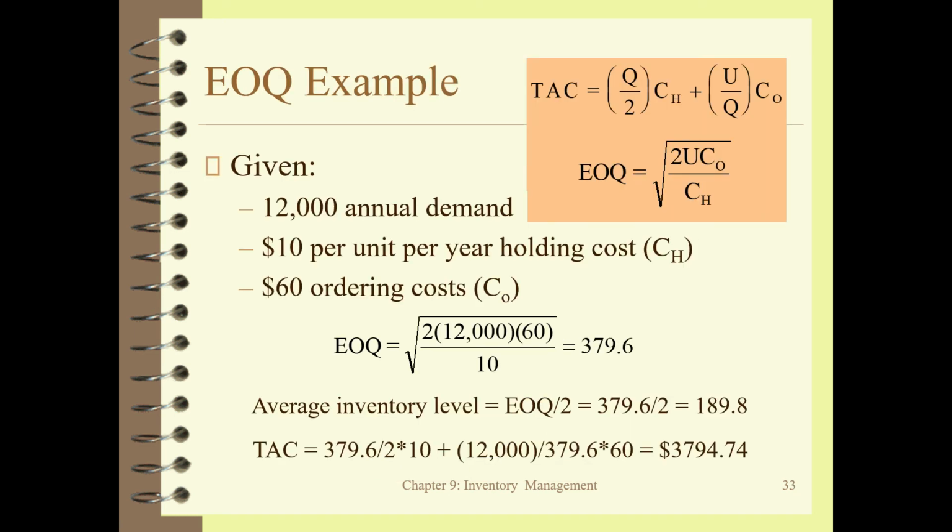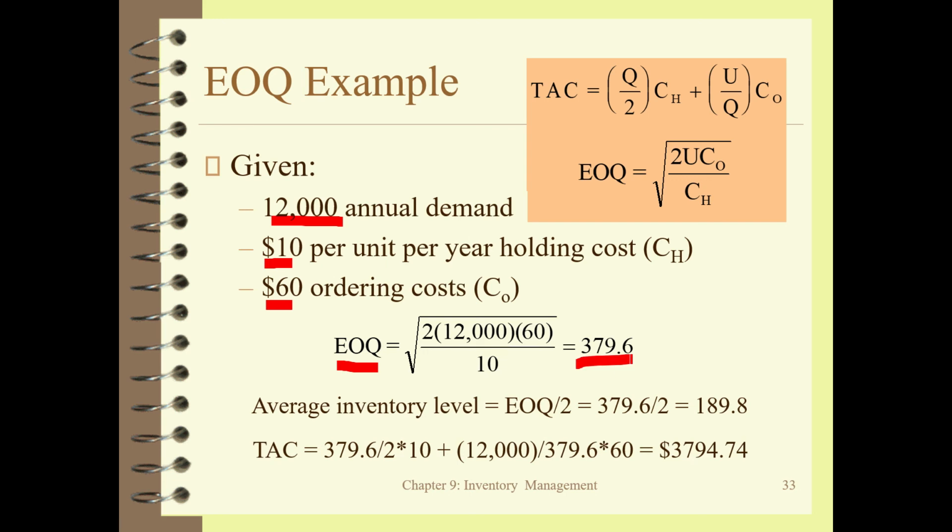Okay, so according to our example, the demand per year is 12,000, and CH is 10, CO is 60. So EOQ is equal to square root of 2 multiplied by 12,000 multiplied by 60 and divided by 10.